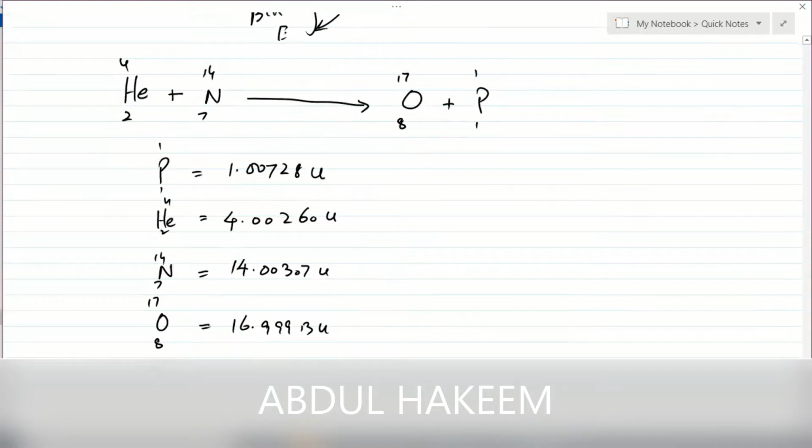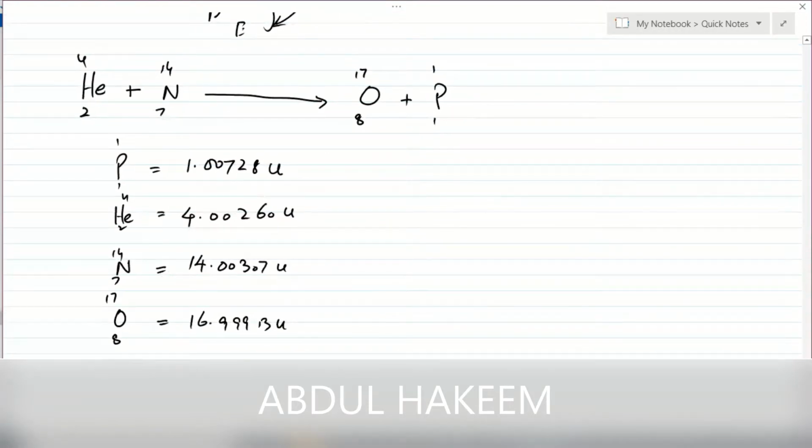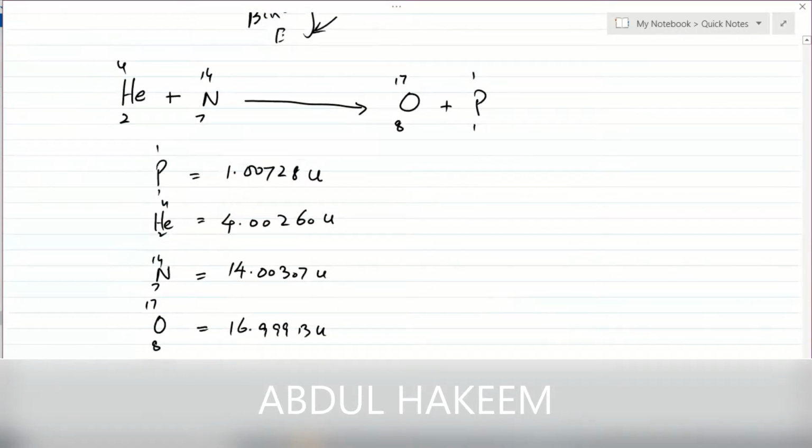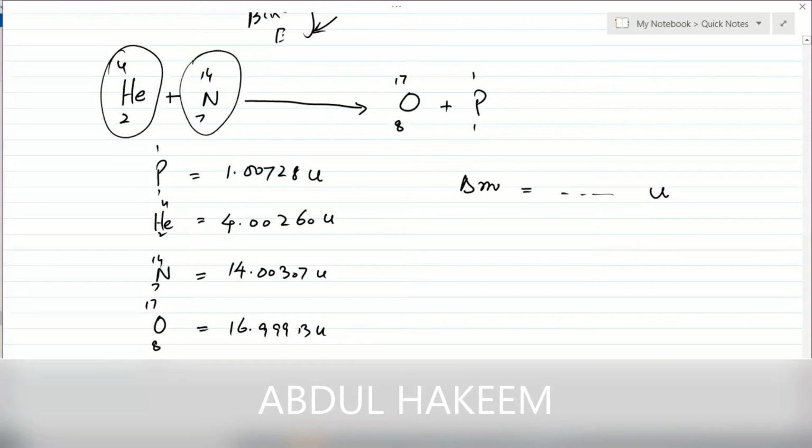Now, if the question is to calculate the mass change in U associated with this reaction, we have to find delta M in terms of U. Look, mass deficit: the mass of this and the mass of this are both added, then the mass of this, both are added.